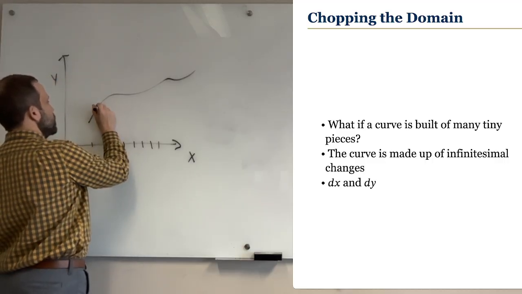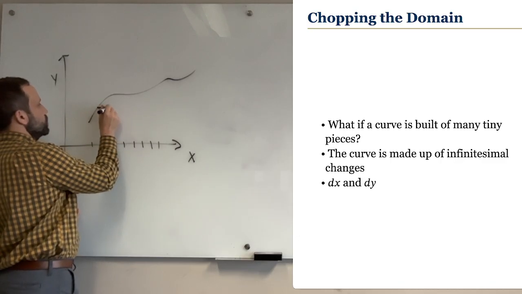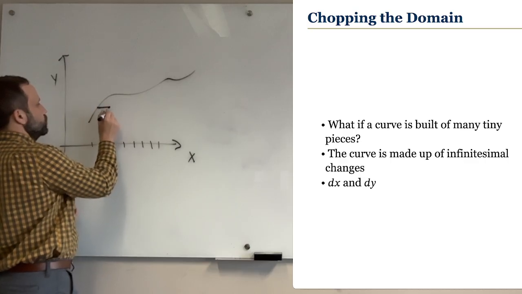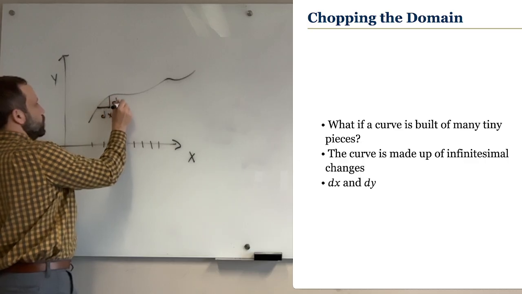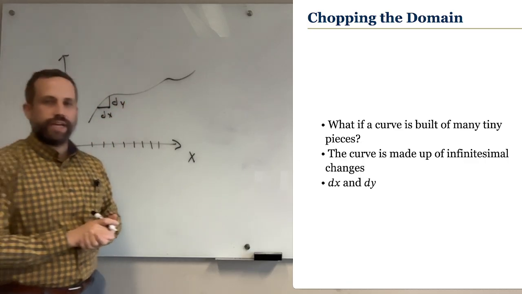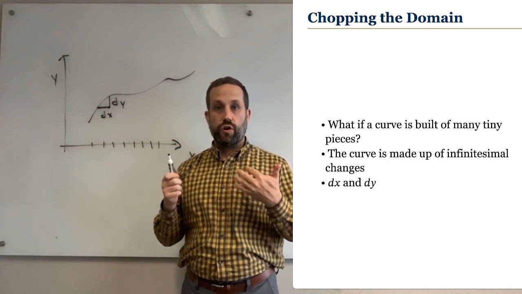From, let's say, here to here, this would be dx, and then this distance here would be the corresponding change in y. This is the way that Leibniz started to think about things.